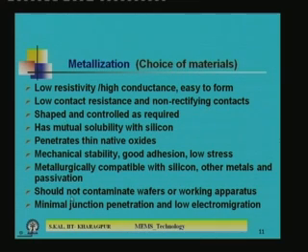That means, what does it mean? Your metal film which is being used for metallization must be shaped, means it will be lithographically compatible. So, that metal film can go for lithography process, and it will be patterned using conventional lithography, that is shaped and controlled as required. Has mutual solubility with silicon, that is another aspect.